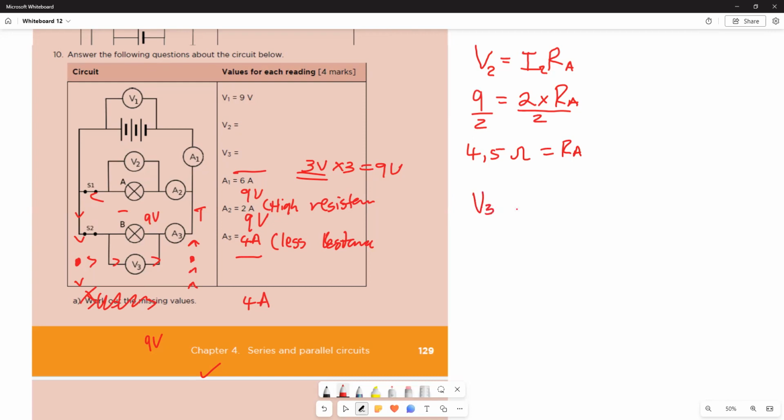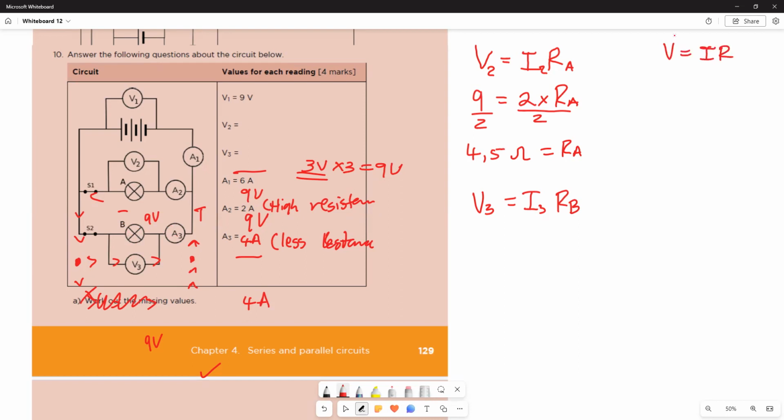Now we're going to do V3 equals I3 times resistor B. The reason why I'm using V3 is because it's on resistor B, and A3 is basically our current, which is represented by the I. So the formula basically is V equals IR.